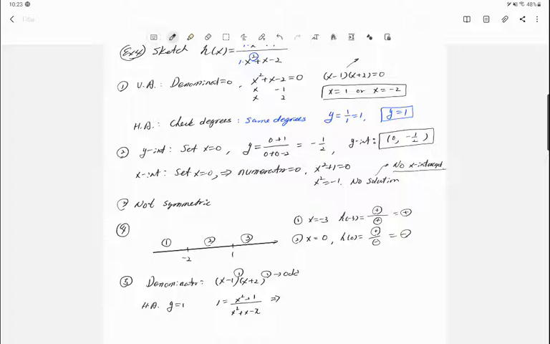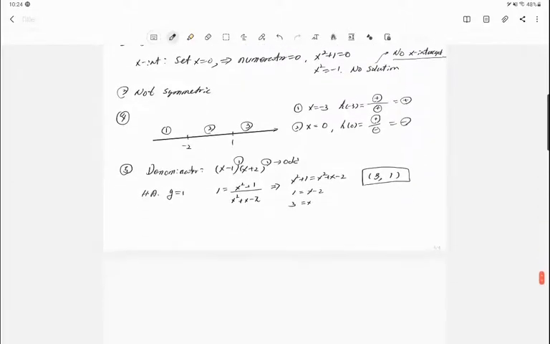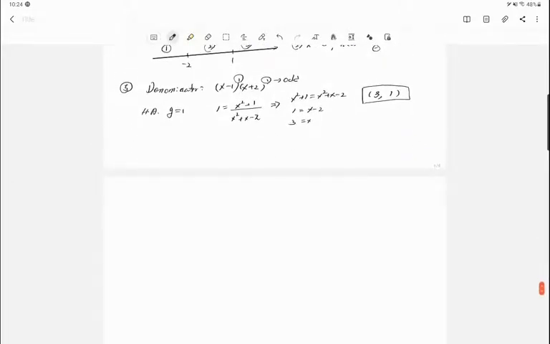Cross multiply, and the x squared cancels out. Then x equals 3. So when x equals 3, y is 1, and the graph crosses the horizontal asymptote at this point. Based on this information, let's graph it.